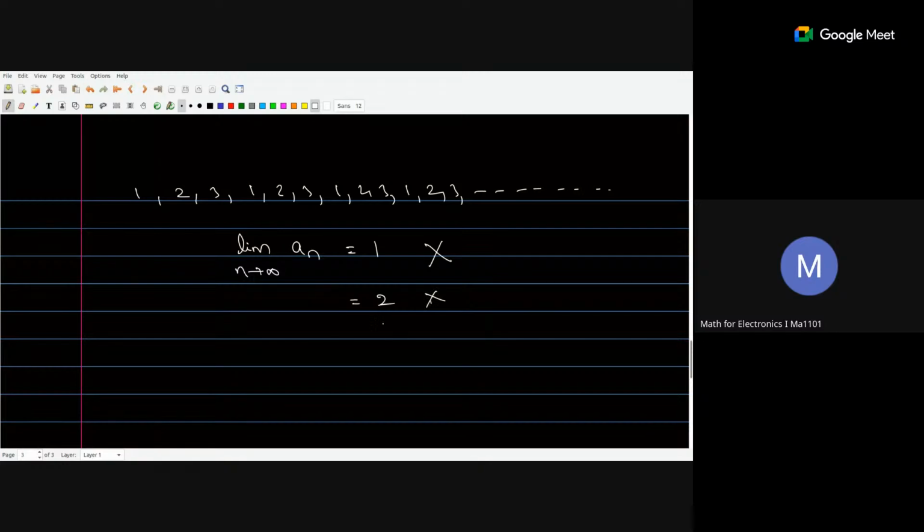Saying it equals 3 is also not correct, because the only thing I can say is it can go to 1 or 2 or 3. So in these cases we can't say a single unique value, and instead we simply say the limit does not exist.